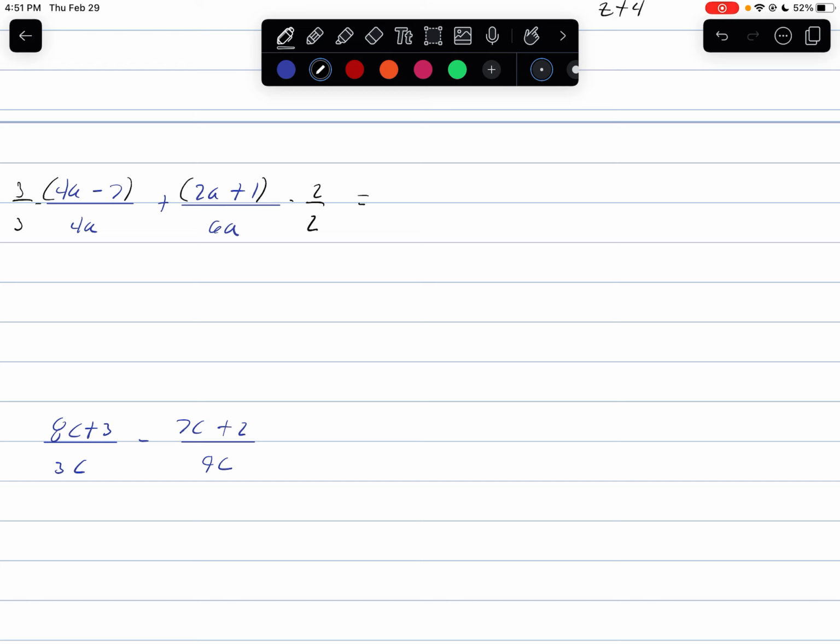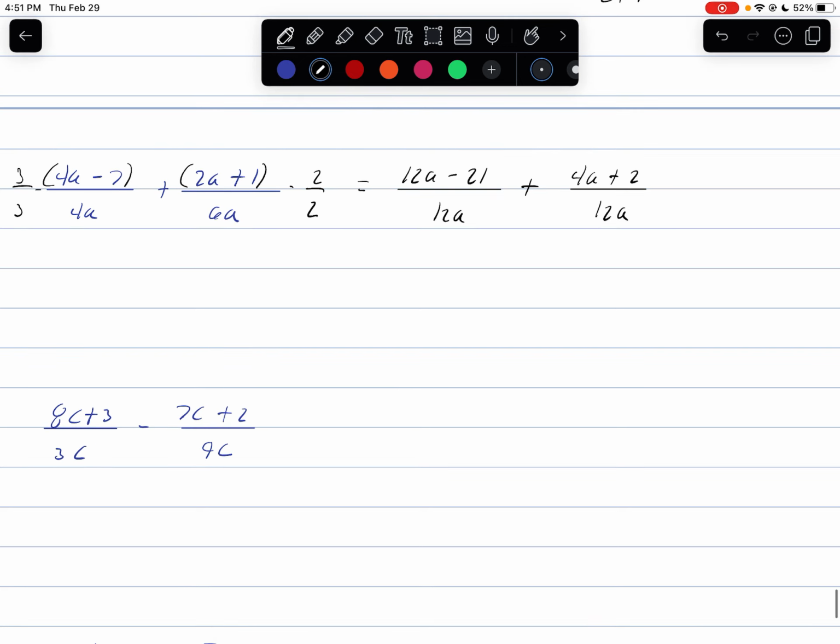If we multiply the numerator on the left term by 3, we'll get 12a minus 21. Okay, and then in the denominator, 3 times 4a gives us 12a. And then on the right side, 2a plus 1 times 2 gives us 4a plus 2, and then again over 12a.